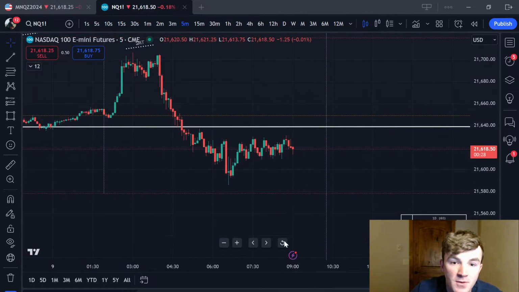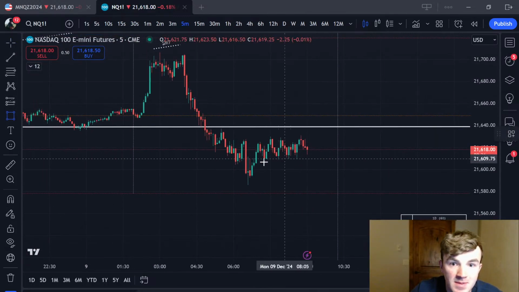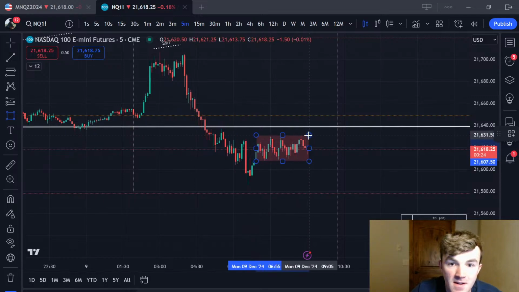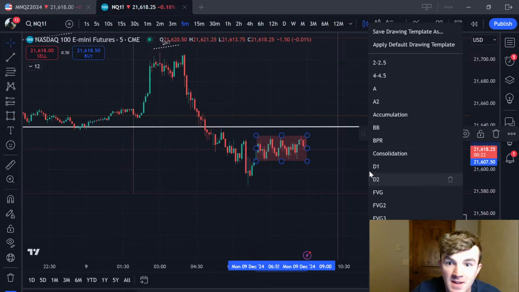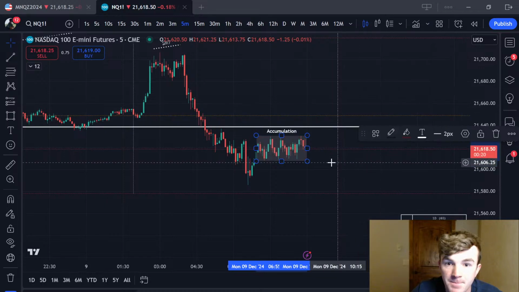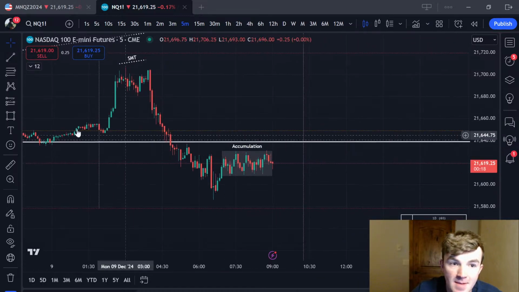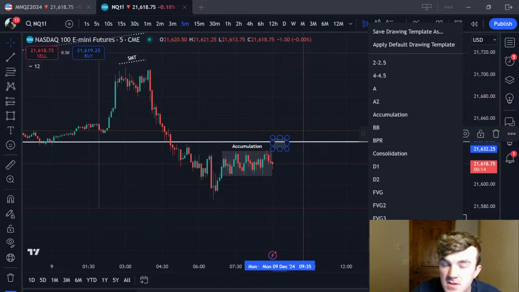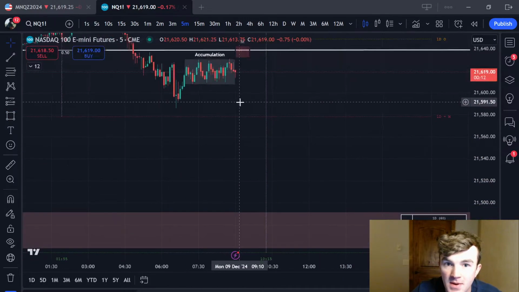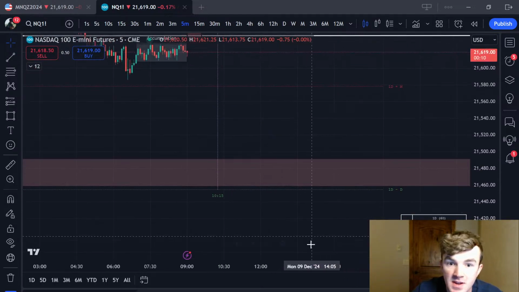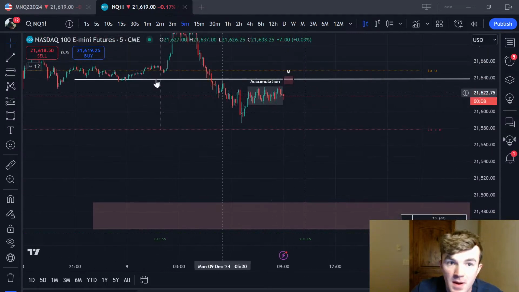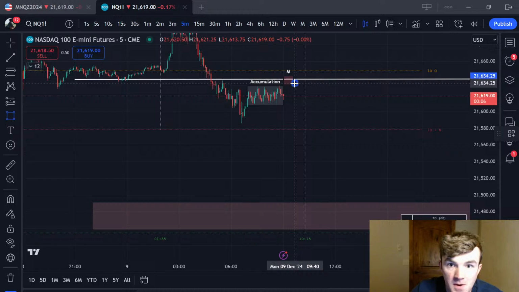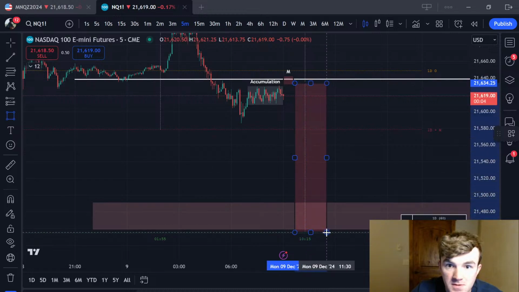What I'm looking for now is I want to see some kind of A. I want to see M into this level here. And then I want to see distribution, probably down to here.